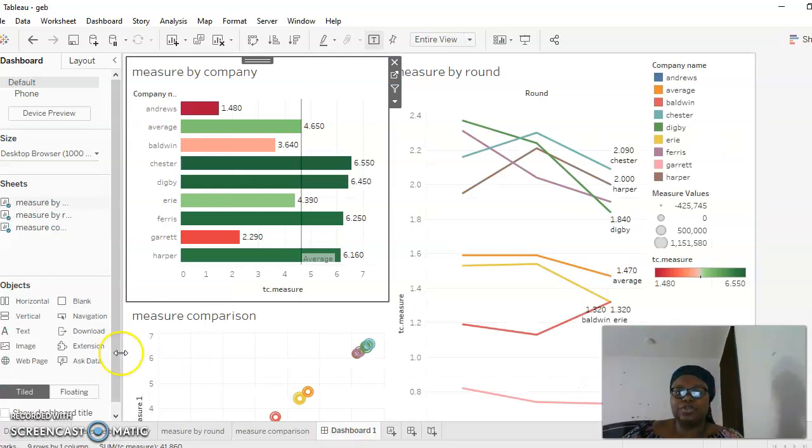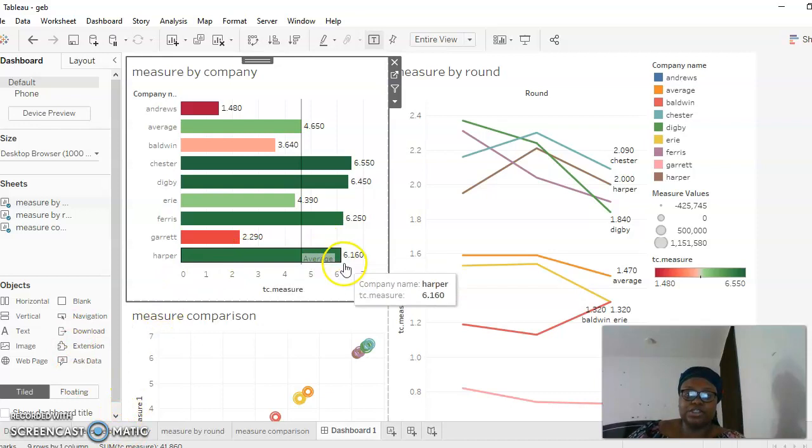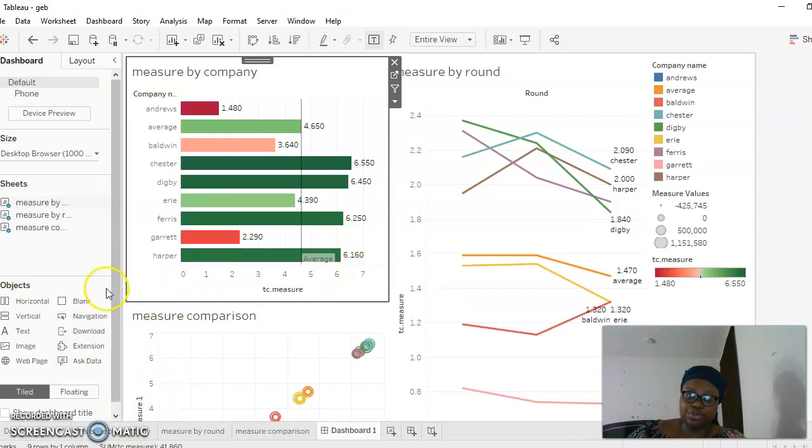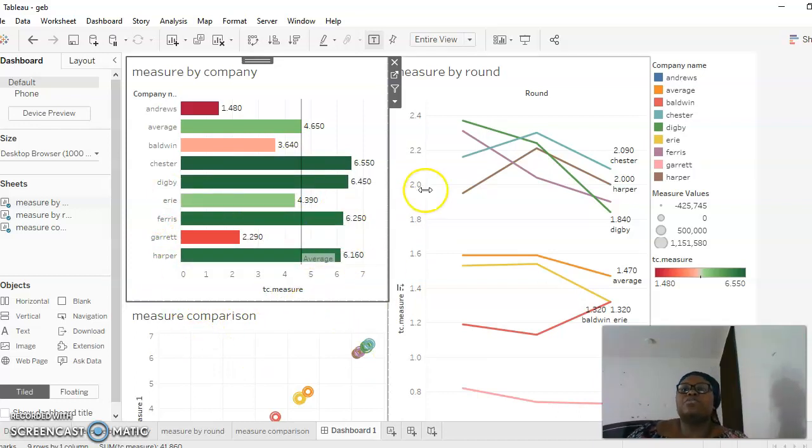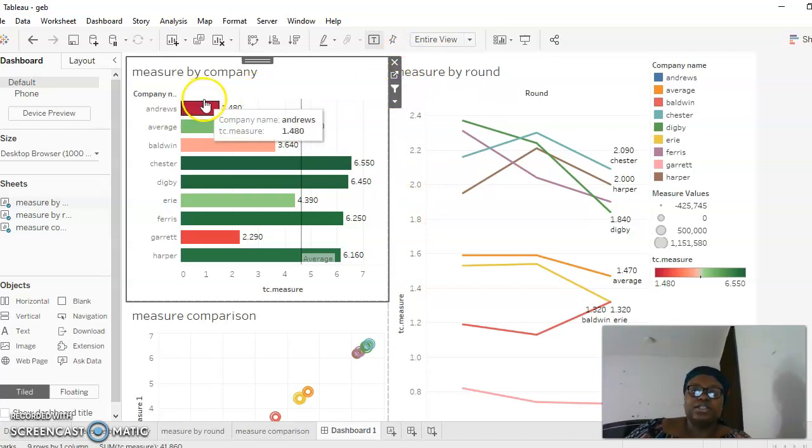Now for the dashboard. The dashboard shows all three sheets that I just showed on one screen, and we can see how they interact with each other. To make the dashboard interactive, click the funnel, and then we can see specifically one company across the board.